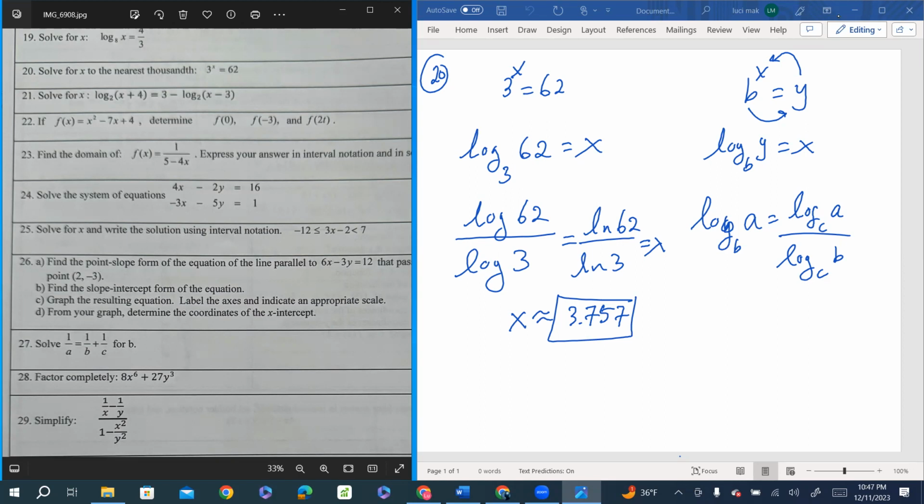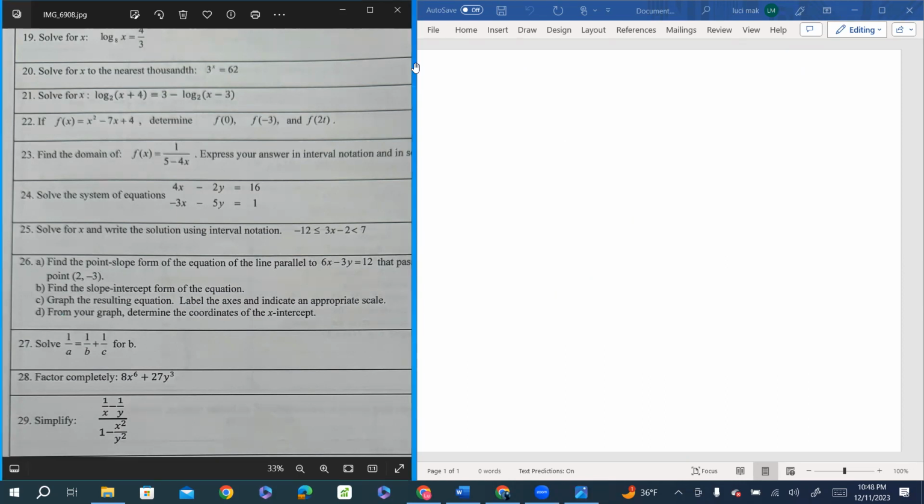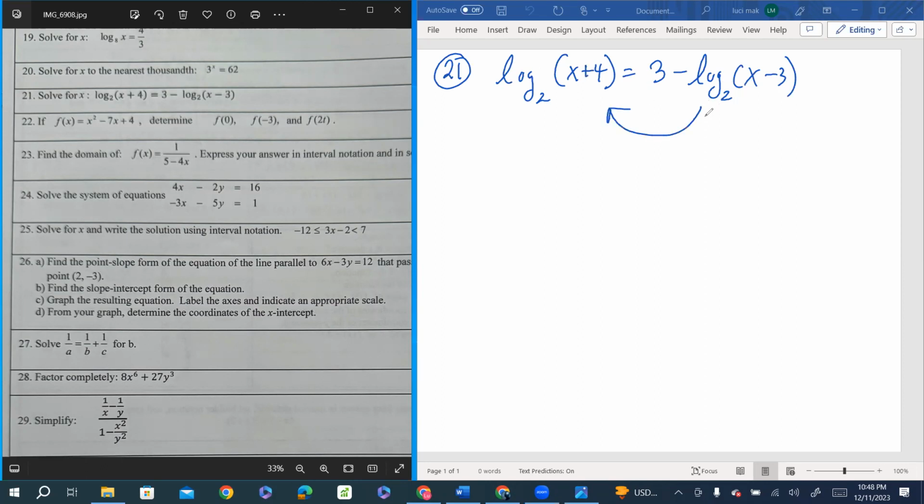All right. So I'm going to erase the board. So we have log base 2 of x plus 4 equals 3 minus log base 2 of x minus 3. We want to solve for x. Now let's bring all the logs to one side. So let's move this to the other side by adding it.